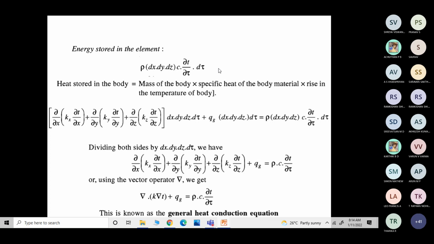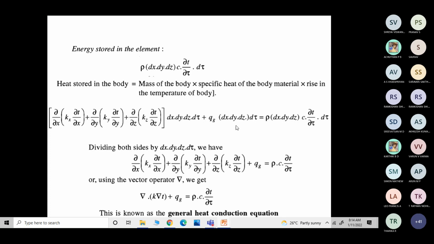Now we know that the net heat accumulated plus internal heat generated is equal to the energy stored. That's what the energy balance tells us. Net heat accumulated plus internal heat generated due to the heat flow is equal to the energy stored at a given time. In all the three terms we have dx, dy, and dz.